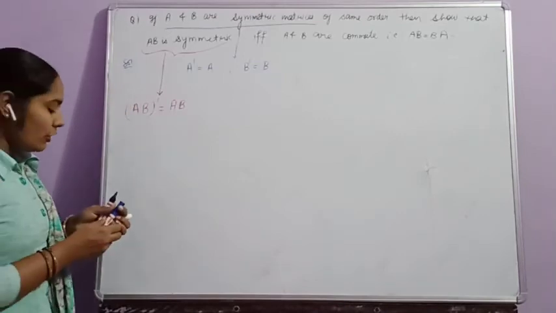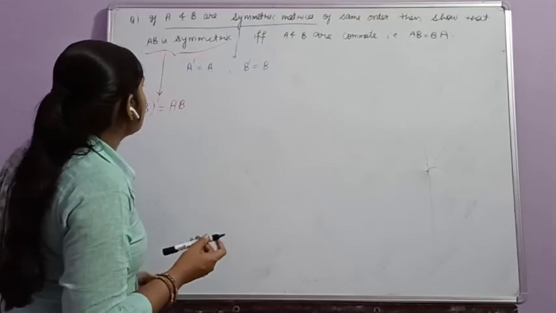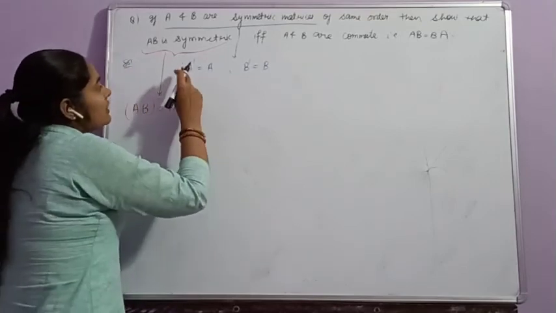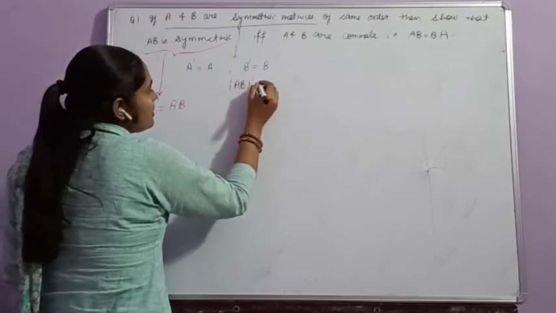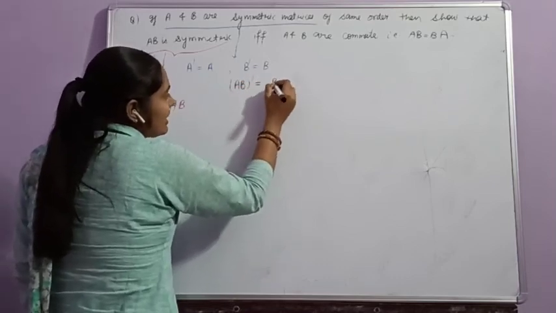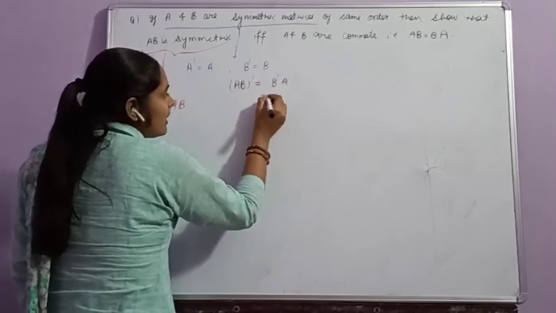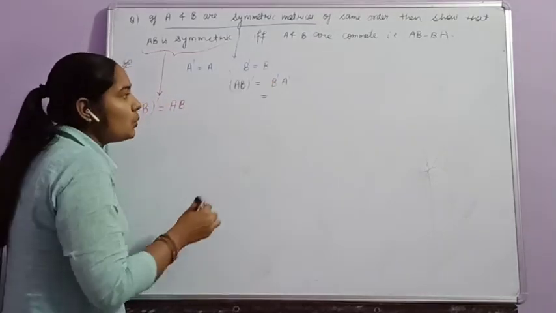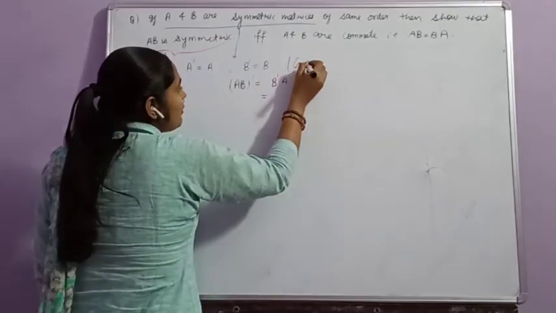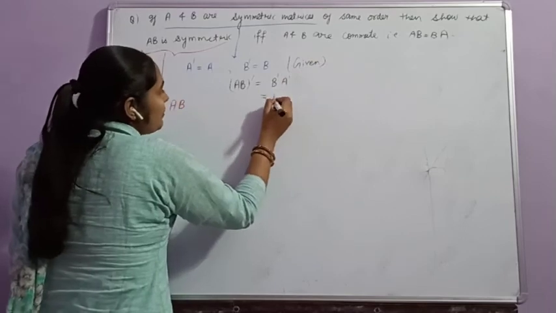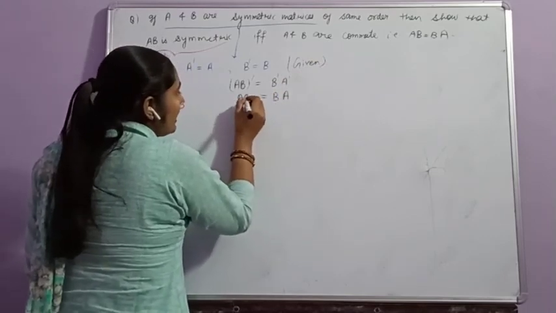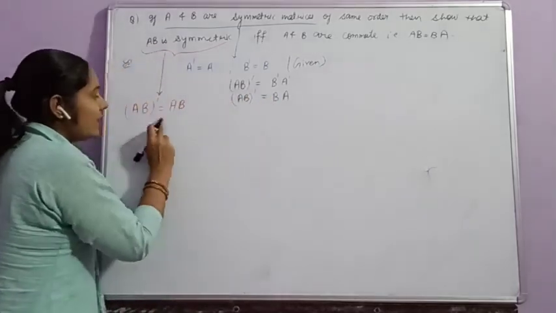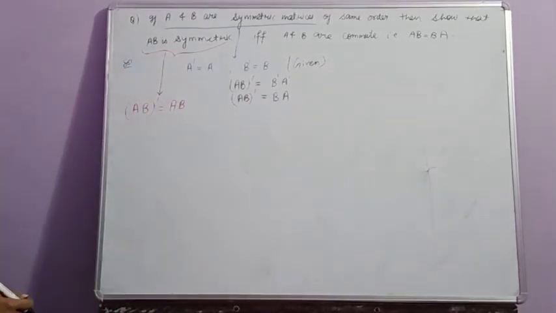Okay? And we know that by the properties of transpose of a matrix, transpose of AB is equal to B transpose A transpose, and B transpose is equal to B. It is given that both are symmetric matrices, so B transpose A transpose is equal to BA. AB transpose is equal to BA and AB transpose is equal to AB.